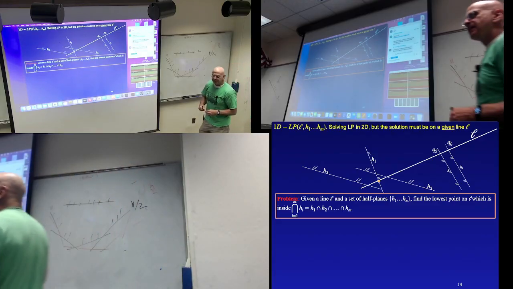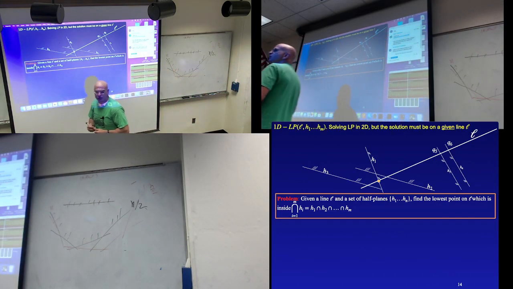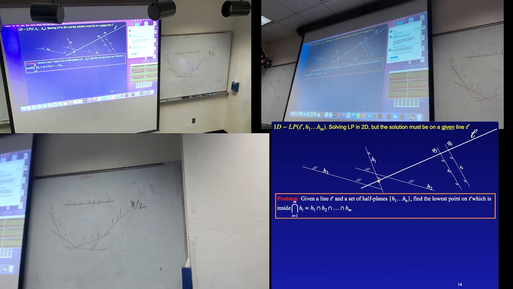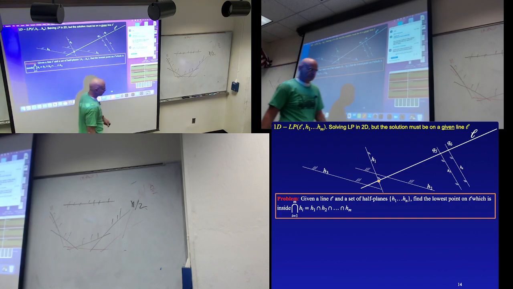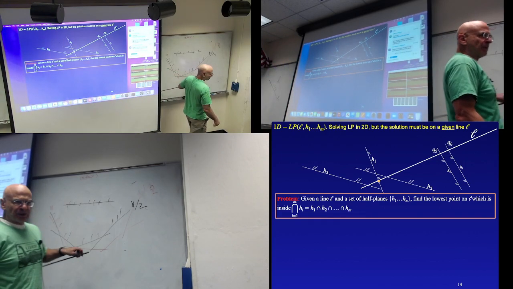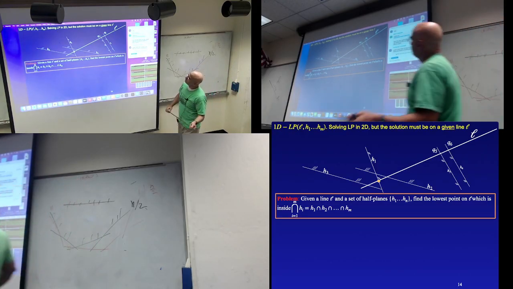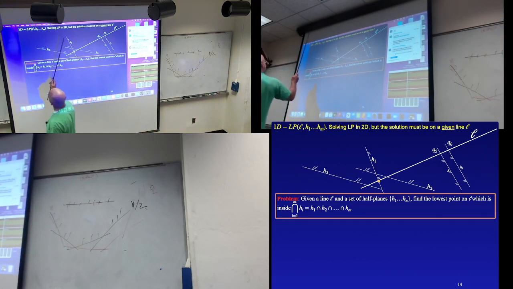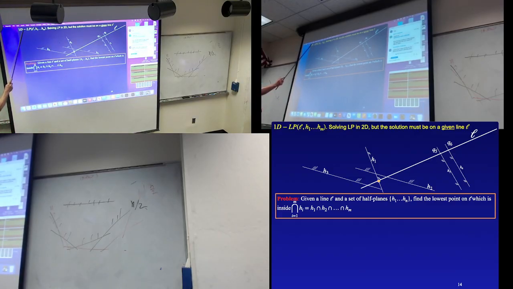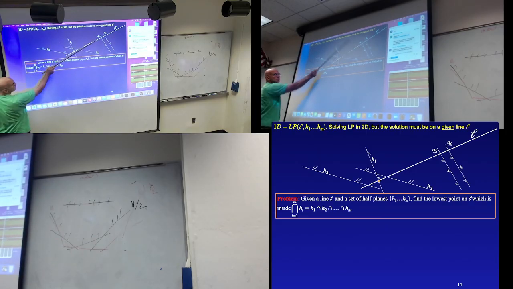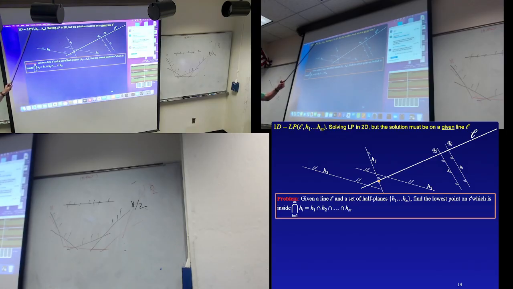Here is exactly the same question, but it looks more confusing, and there are more letters involved. Let's start to get used to this notation. I'm solving one-dimensional linear programming on a line L. However, this line lives somewhere on the plane, oriented somehow.